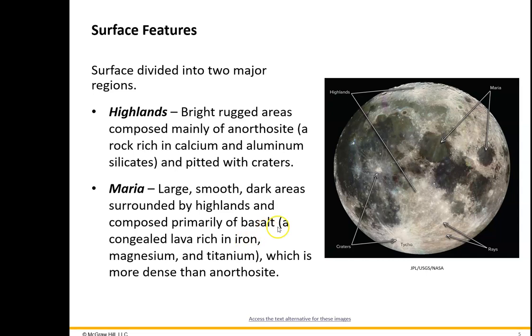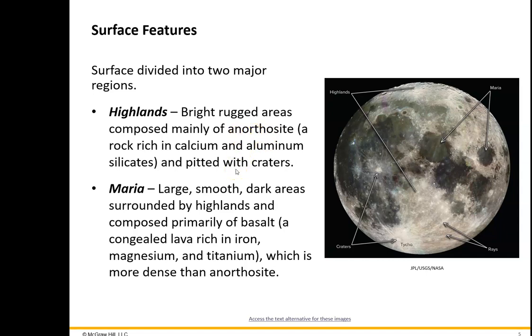The ones we find on the moon are made of iron-rich basalt, magnesium, and also titanium. And of course, this basalt with these metals in it is going to be much denser than the anorthosite.